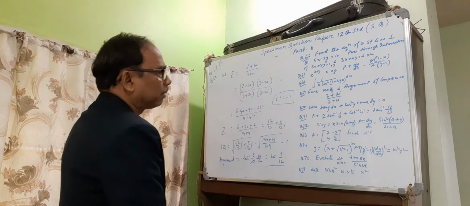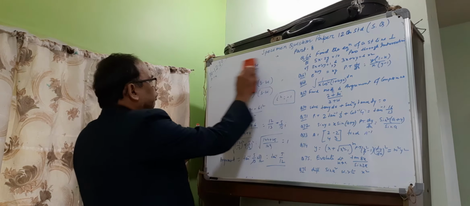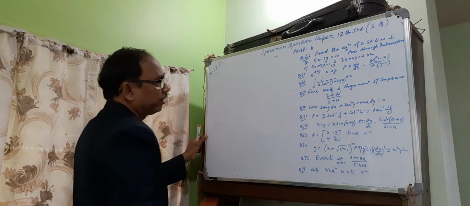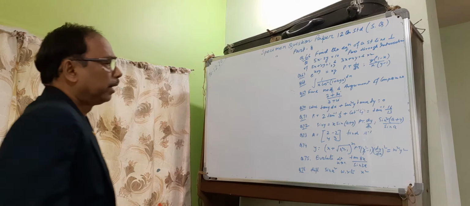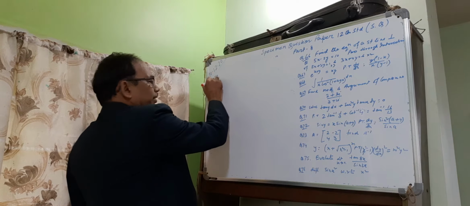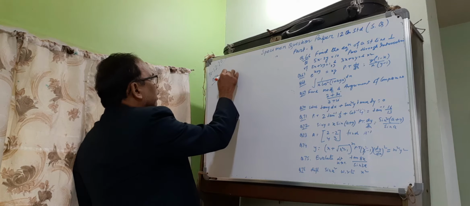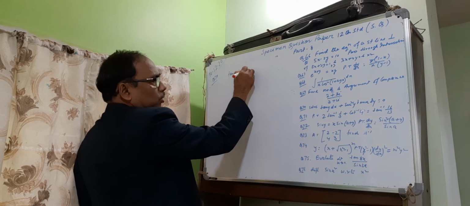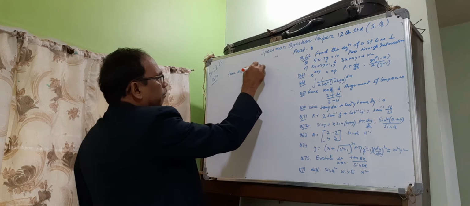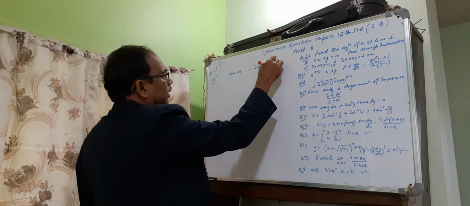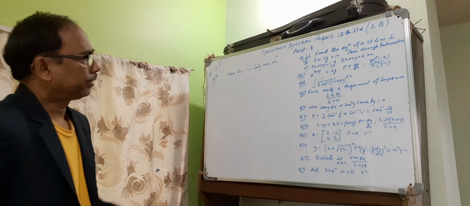Next, sum number 70. Question number 70, it is a differential equation sum. Here tan x dx equals, we can write, sec² y tan x dy. This comes on the right hand side.